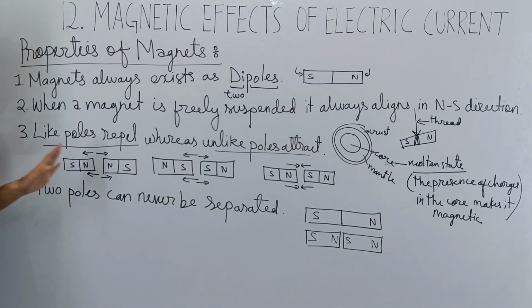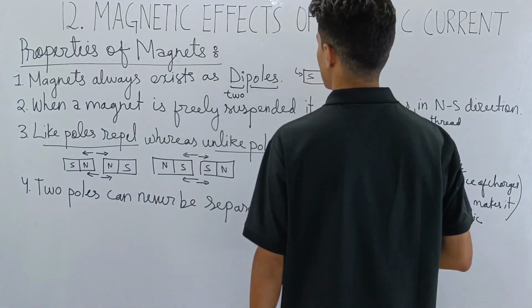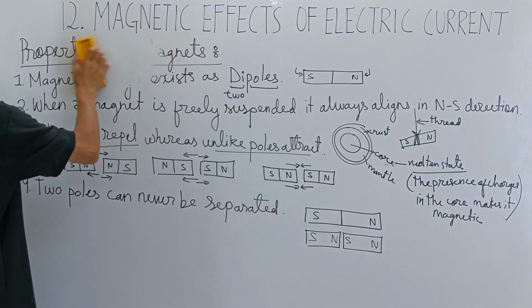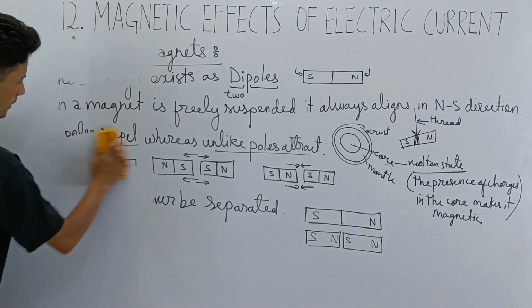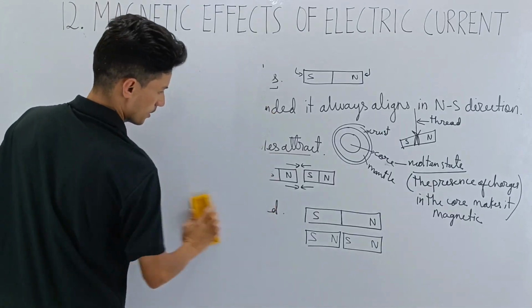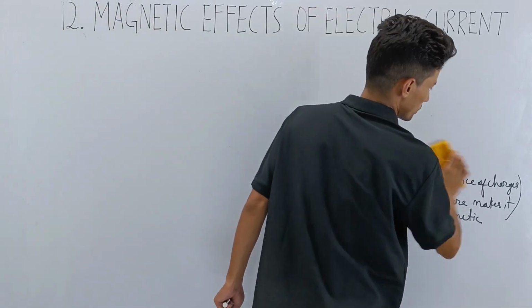Now I will erase this and we'll discuss the next topic, which is magnetic field and magnetic field lines. So quickly, let me erase this and let us discuss the next topic.